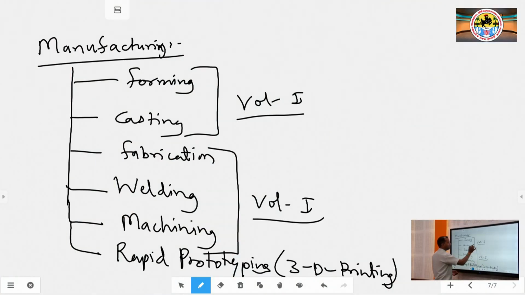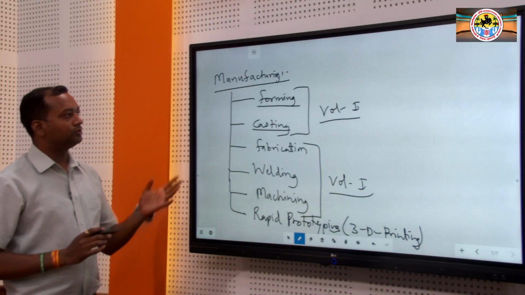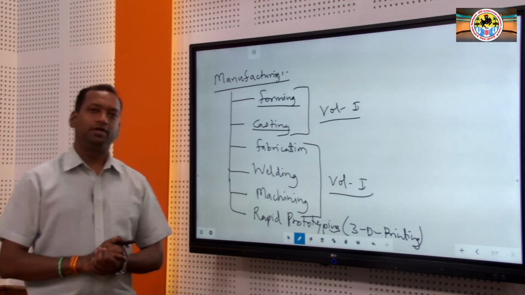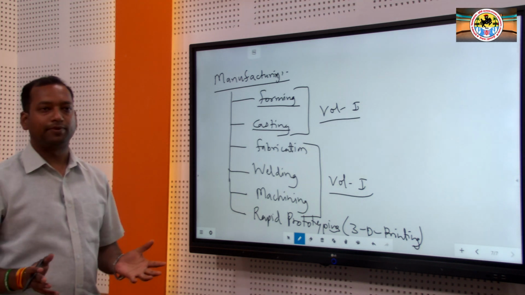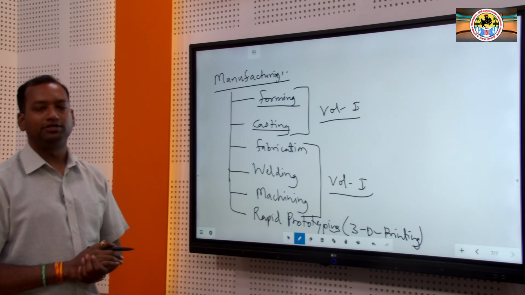Here we are studying volume 1, in which we have to study only the forming and casting operations. Forming is not a small area, it is a vast area which comprises various processes. One by one we are going to discuss all these.